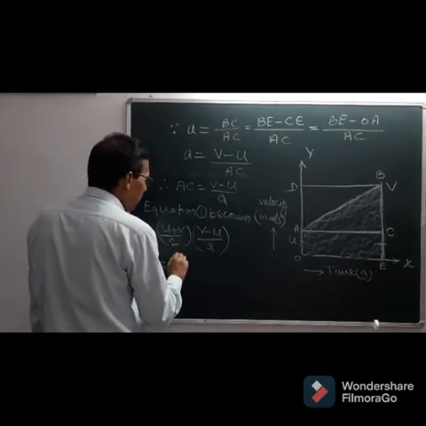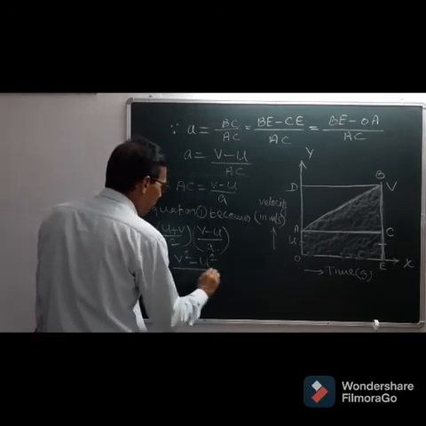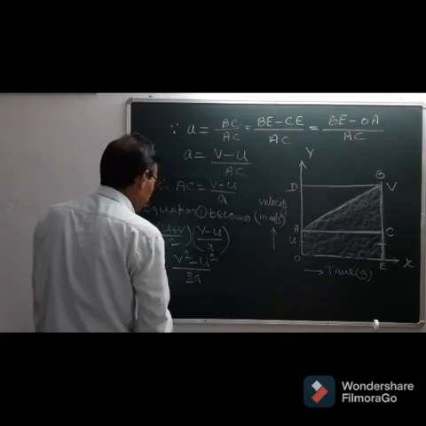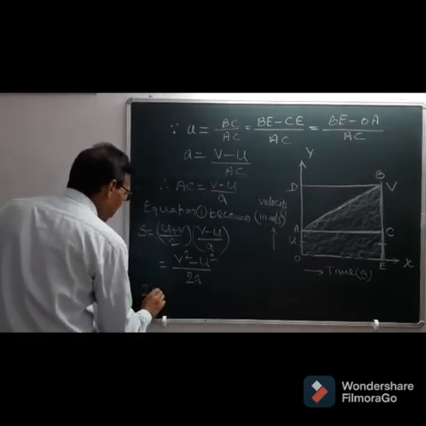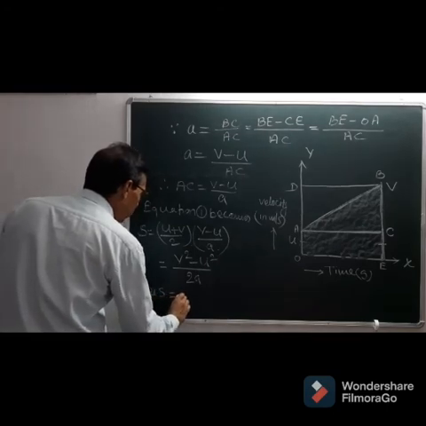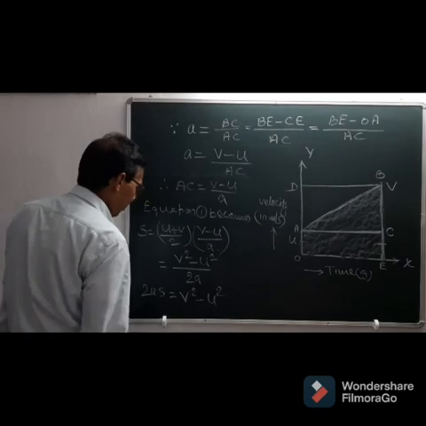So here, V square minus U square divided by 2A. So here 2AS is equal to V square minus U square.